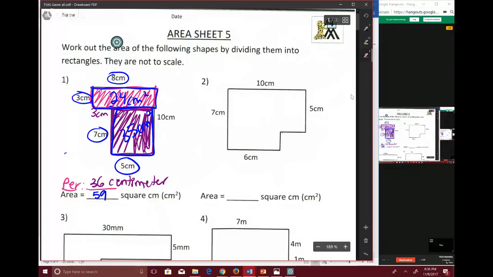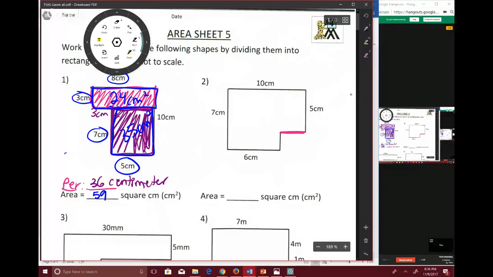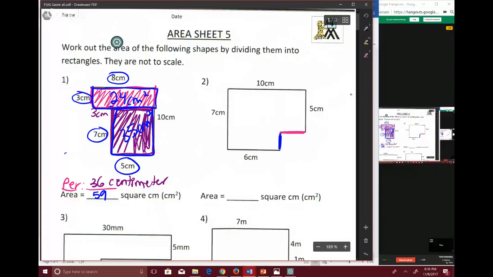So again, I need to find any missing side I have. Now in this case, I have a missing side that's vertical, and I have another one that's horizontal. So I need to consider those separately. So the parent side, let's do the vertical one first. The parent side for the vertical is 7. No vertical line is longer than 7 centimeters. The one that I know about for the verticals is 5.